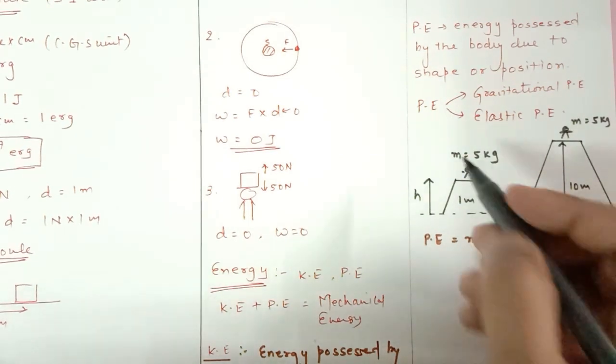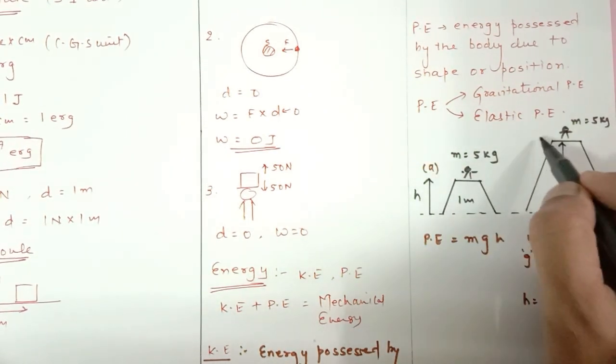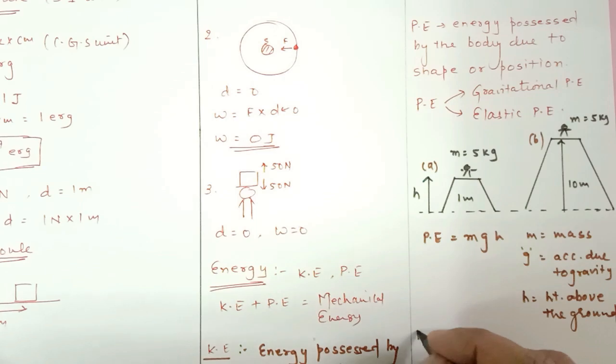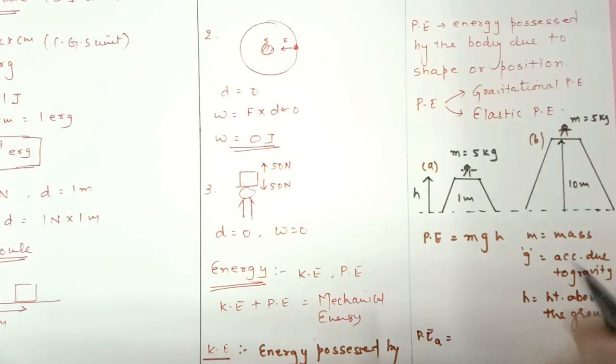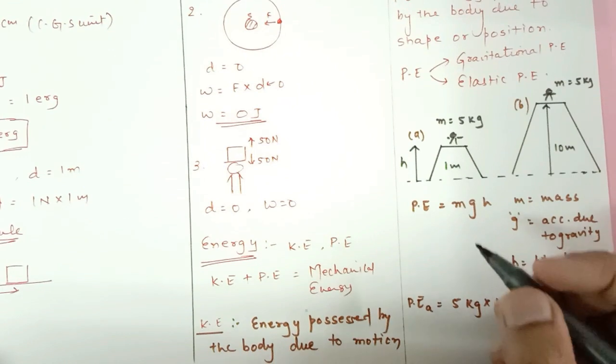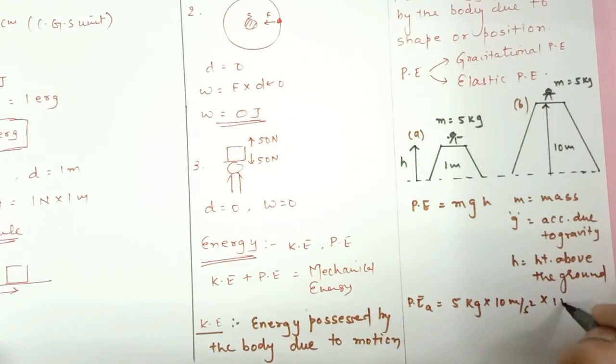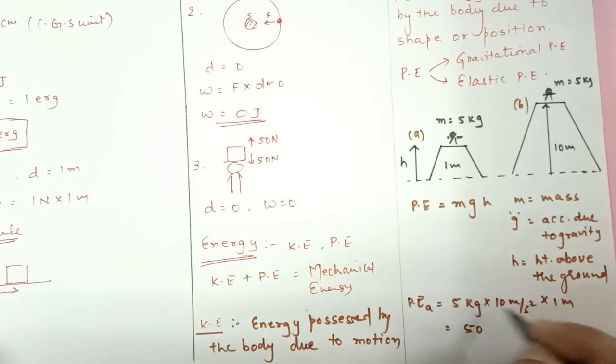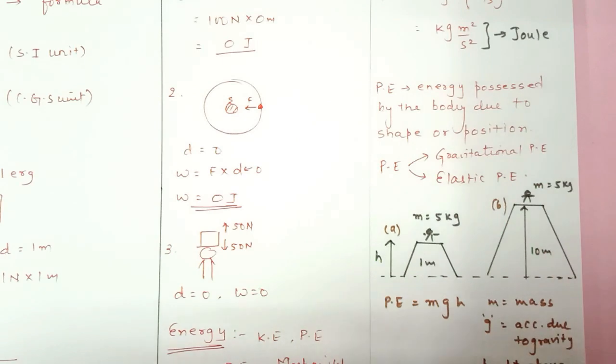Now let us calculate. Suppose this is situation A, this is B, and if I calculate the potential energy in situation A, that is equal to m, that is mass is 5 kilogram, g is 10 meter per second square, h is 1 meter, so it is 5 into 10 into 1, so that is 50 kg meter square upon second square, as we have just now discussed, is called joule.